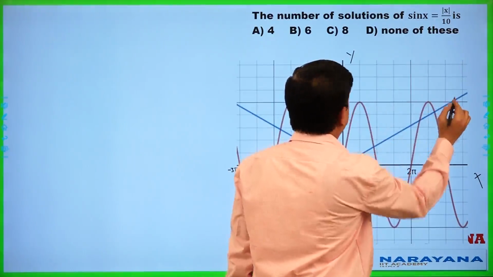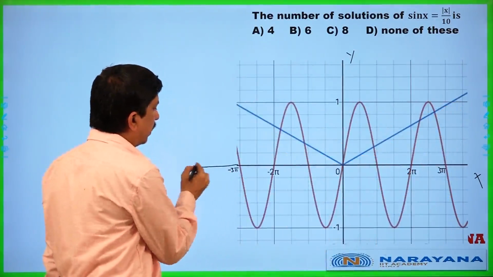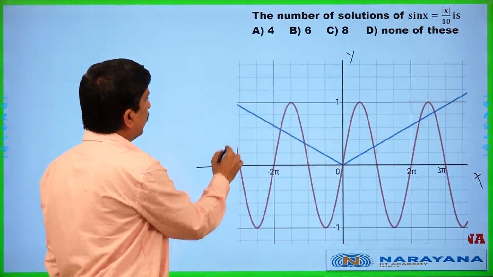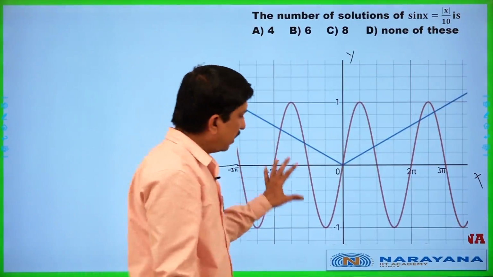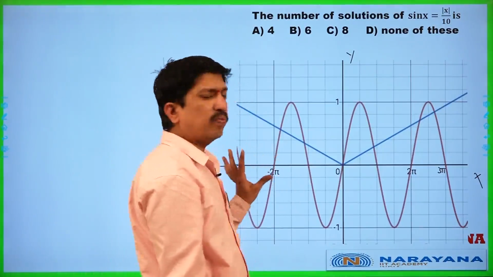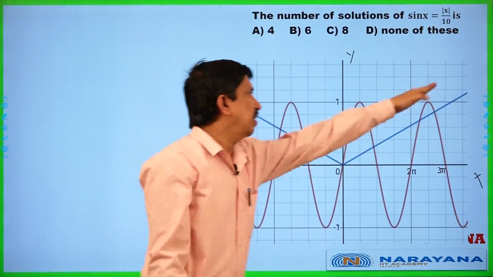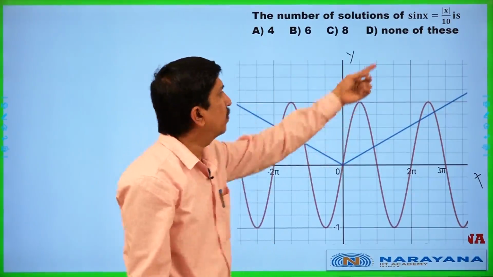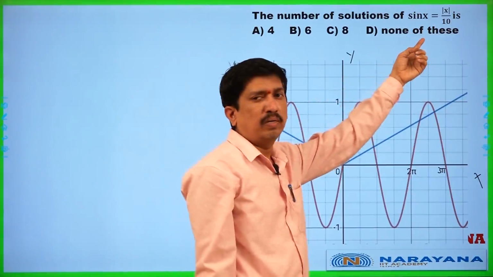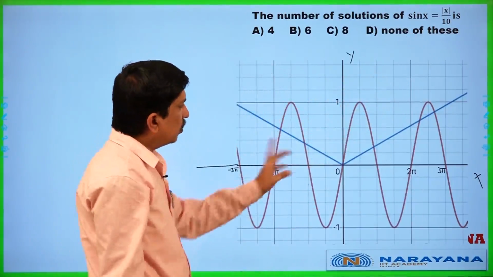Here minus 10, you can extend this, somewhere here you will get minus 10, and at 1 it is cutting. By seeing this graph, we find the number of solutions, where the straight line is cutting the curve, and it is also passing through the origin. Why? Because it is like y equal to mx, modulus. So it is passing through the origin.